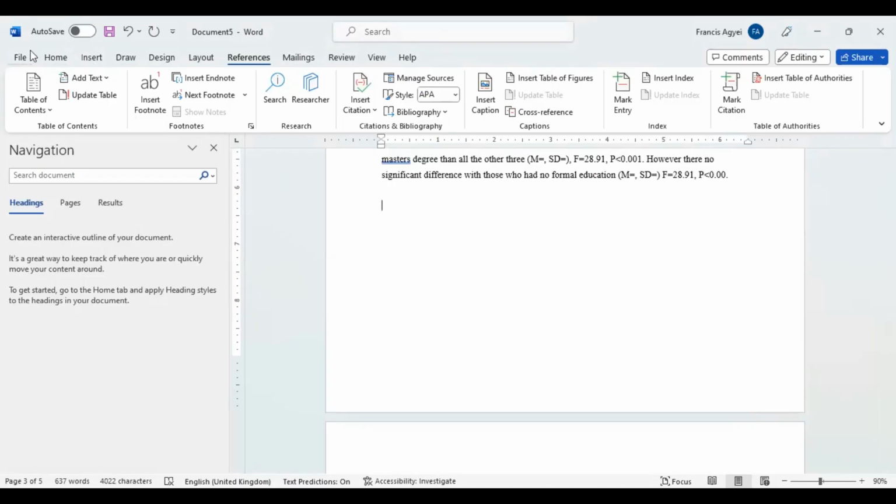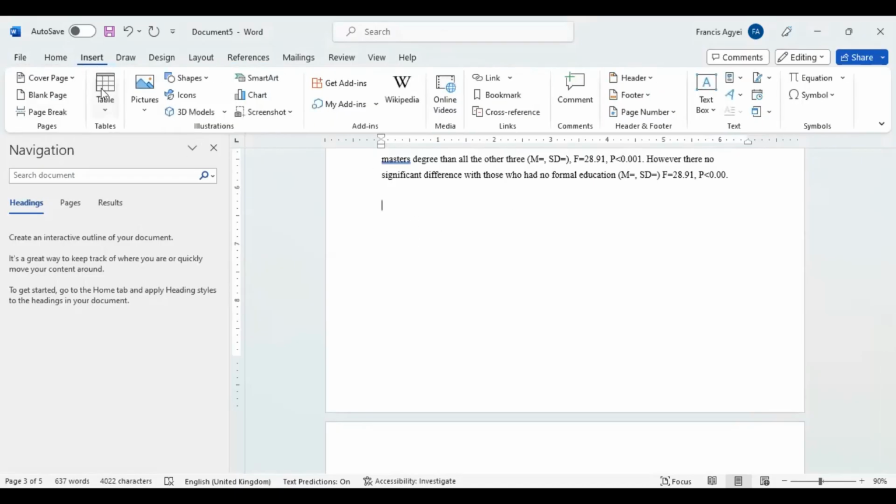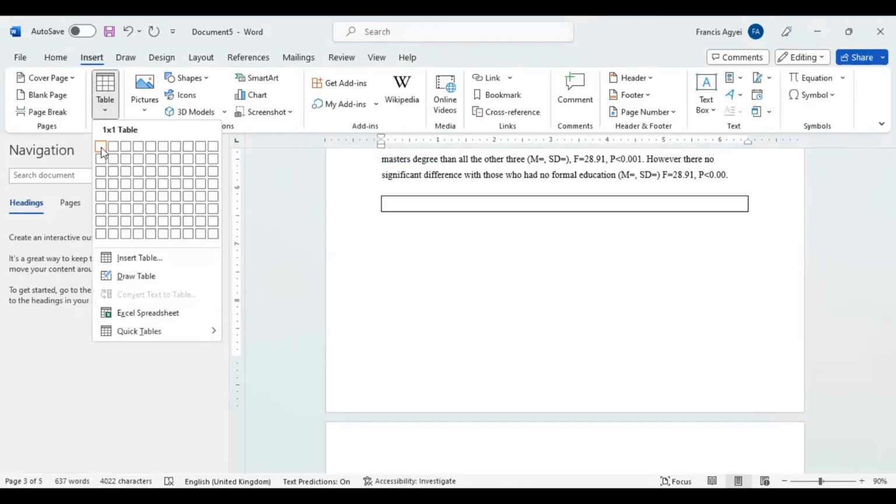So this one I need. I have the B, SE, beta, the T value, and then the P. And it's on 1, 2, 3, 4, so 4.